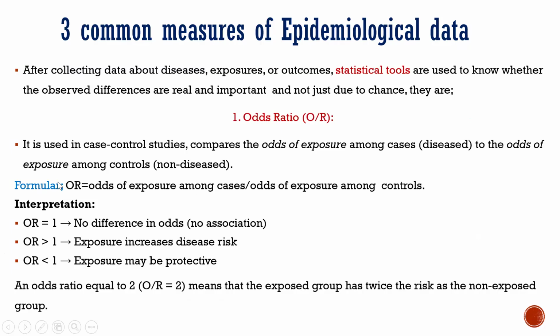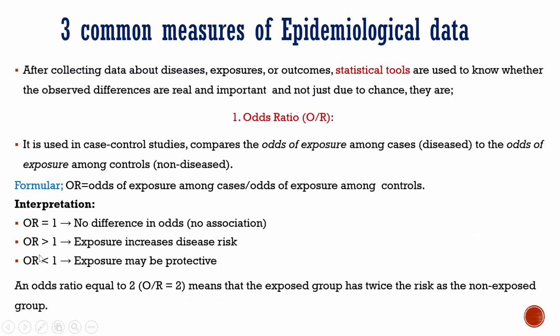And then for interpretation, when you calculate your odds ratio, when you notice that the odds ratio is equal to 1, that means there's no difference in odds. That means there's no association between that particular disease and exposure to a particular factor.